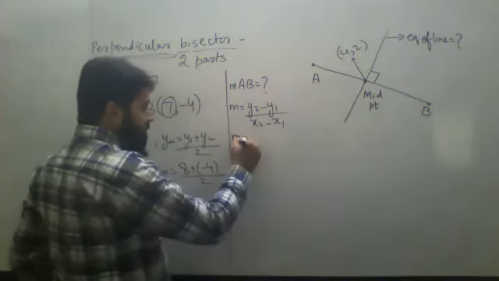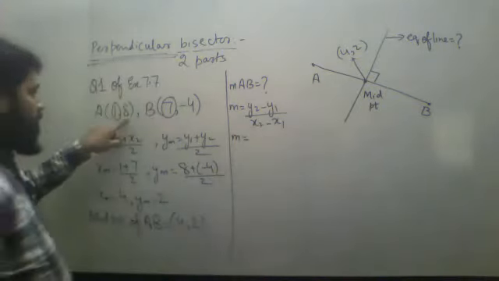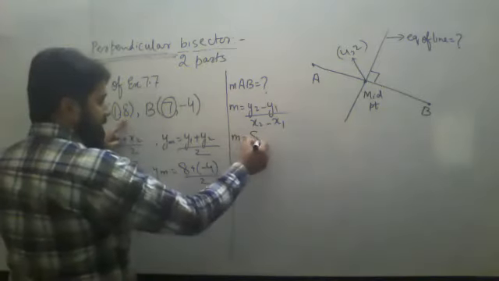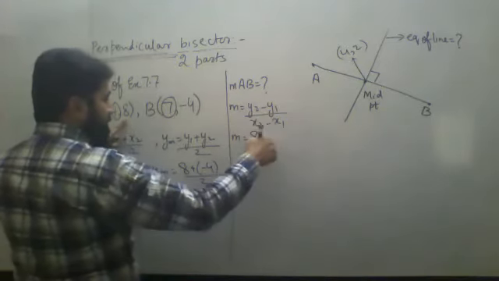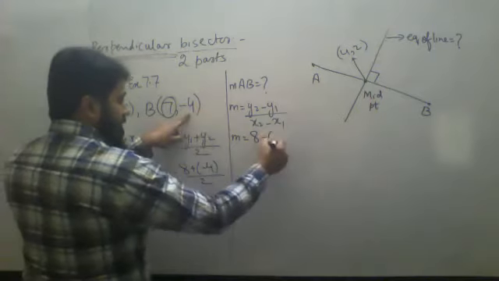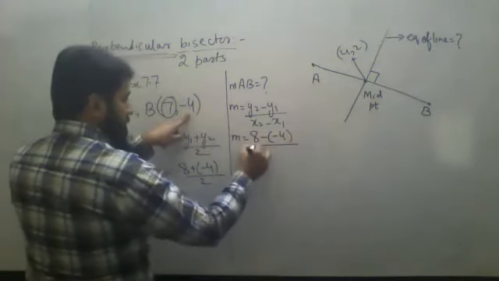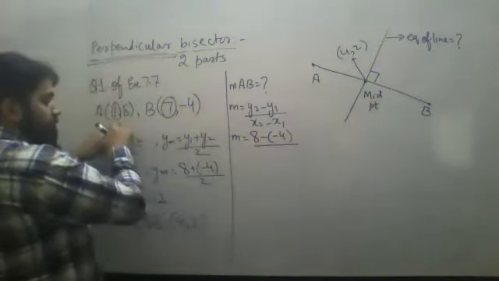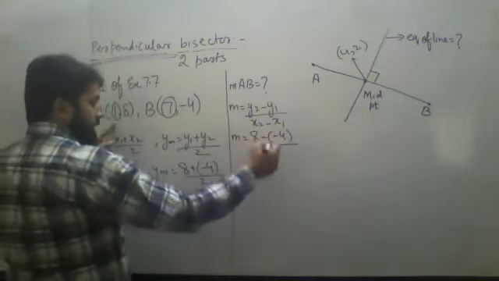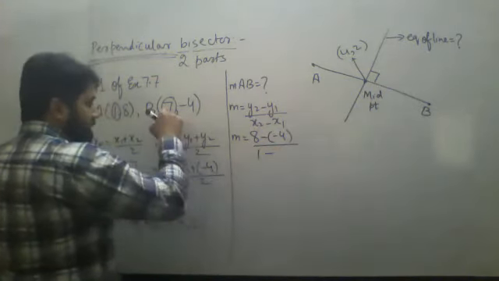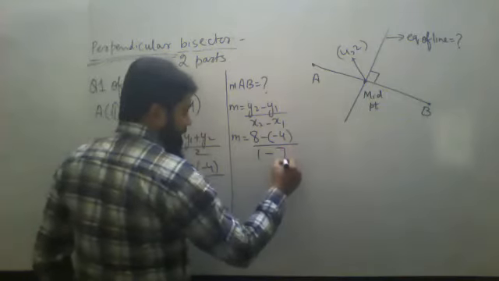So m equals (8 minus minus 4) upon (1 minus 7).